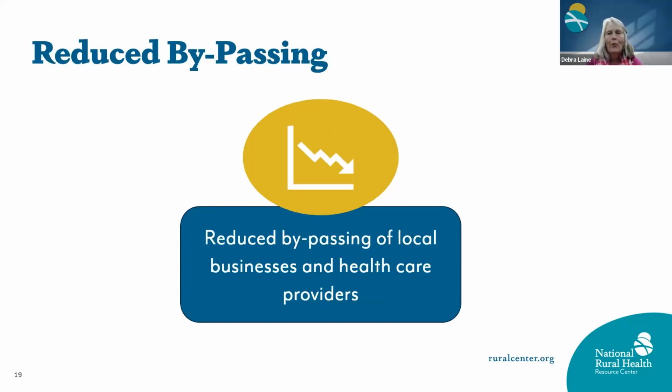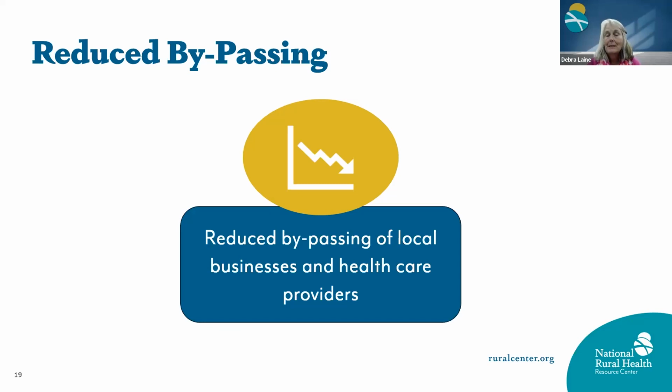Something we often don't think about is the bypass. The persons that are just passing your organization by to go to a larger tertiary center, for example. And so community care coordination is really about reducing the bypassing of local organizations as well as your healthcare organization.